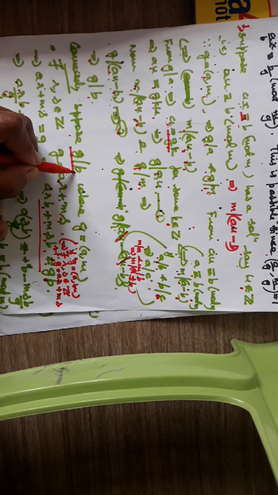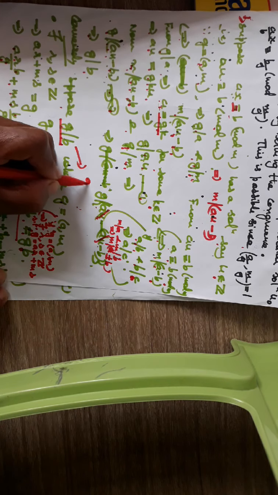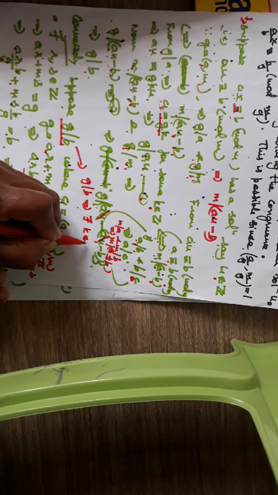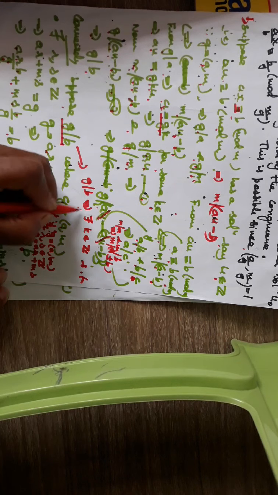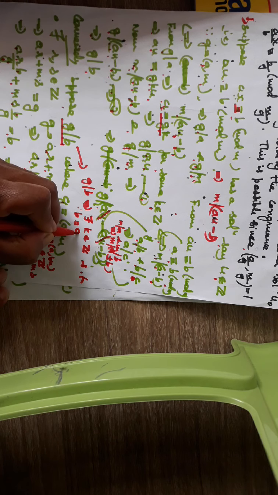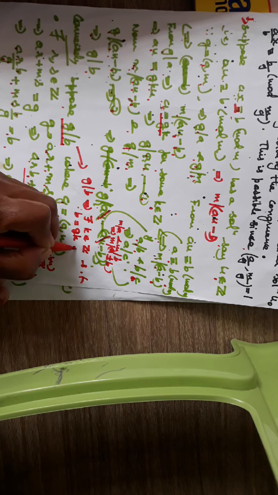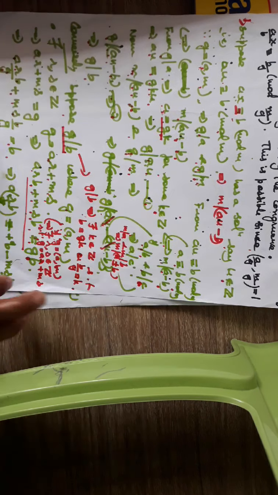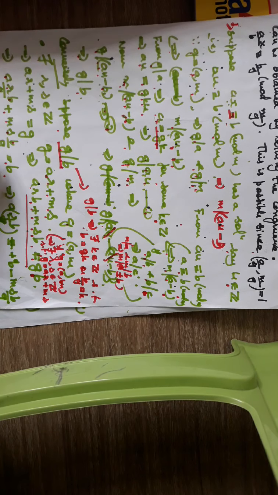But since G divides B, it implies that there exists an integer K belonging to the set of integers such that B can be expressed as G into K, or you can say that B by G is equal to K, which is an integer. So that's why we can divide it by G on both sides.